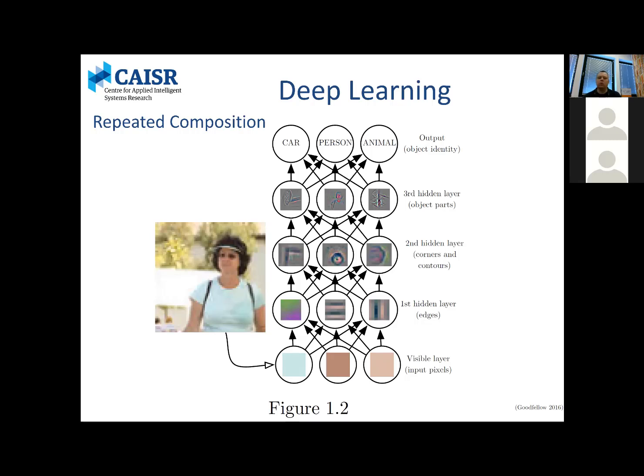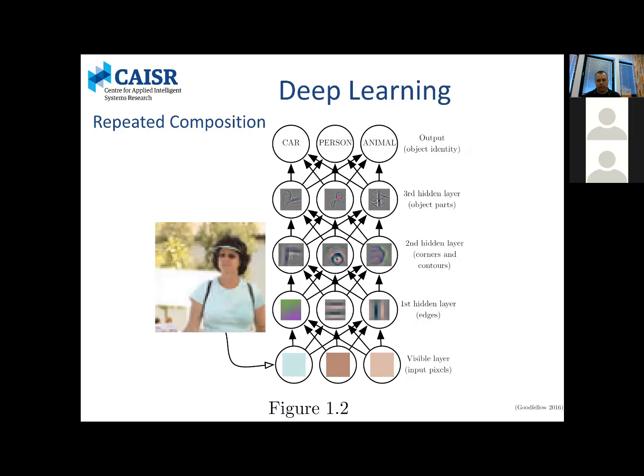So what deep learning will do is, at different layers going upwards here, it will start building up features which are useful for actually doing the task, in this case, object identification. Maybe in the first layer, it will start detecting edges.